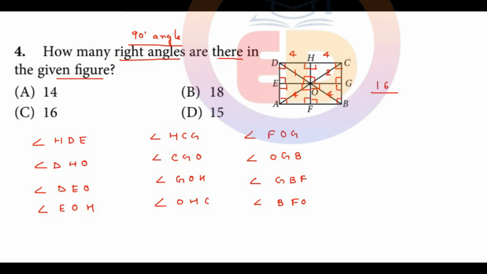Let's name them. First will be angle EOF, second will be angle OFA, third will be angle FAE, and fourth will be angle AEO. These are the total 16 right angles. Answer is option number C.